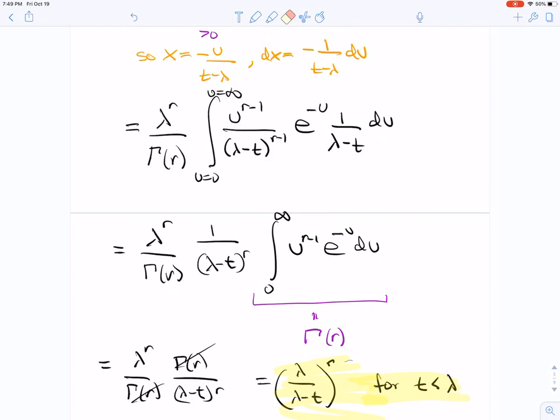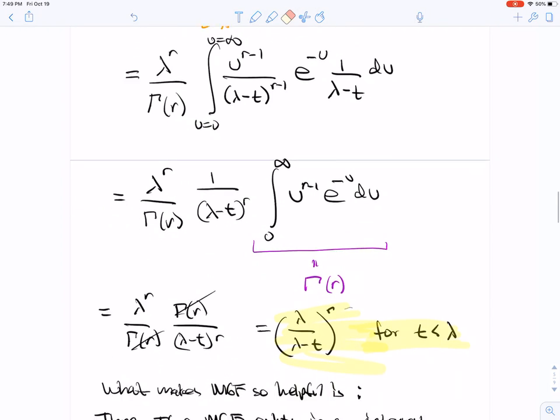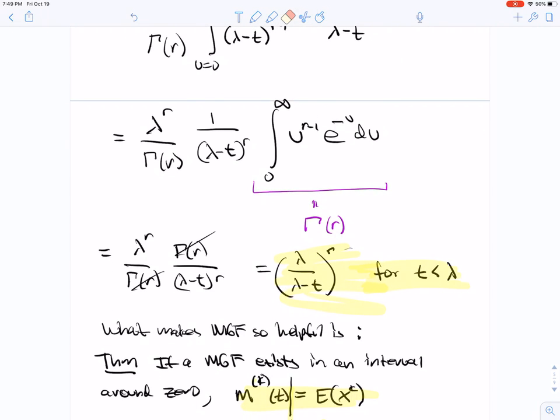Then at the next line, we see the gamma function of r rearing its head. Once we recognize that as the gamma function of r, we have a beautiful cancellation of gamma functions in the numerator and denominator, giving us our moment generating function. And this is valid only for t less than lambda.